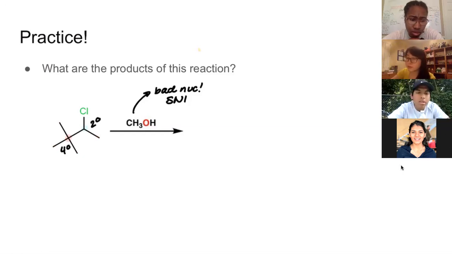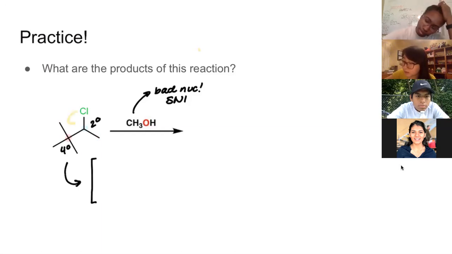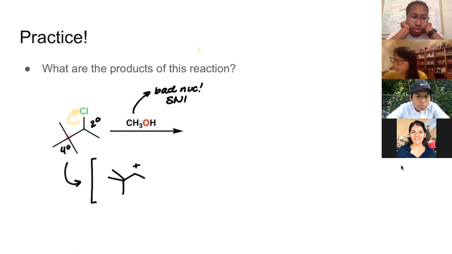And so what's going to happen here is we're first going to show this chloride coming off. It's going to look something like this. Does anyone have an idea what's happening after this?